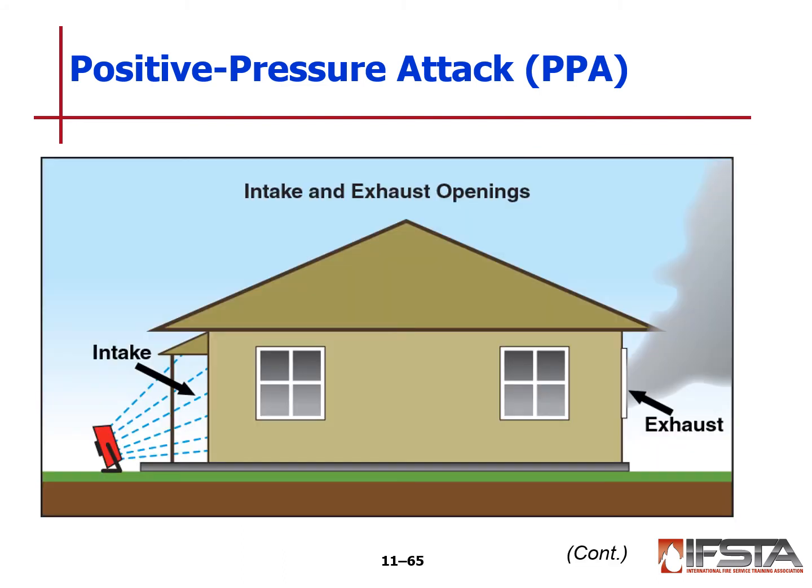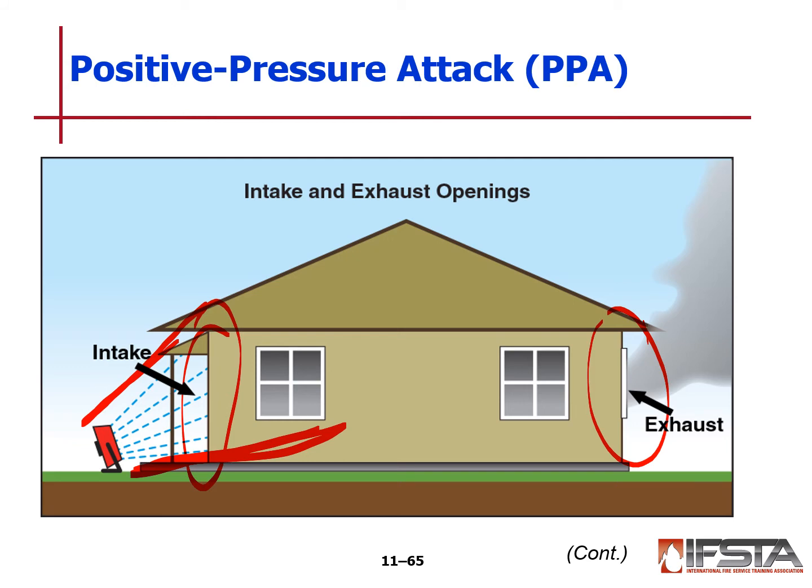Intake, exhaust. This is pretty simple, and you create this cone right here. So you want to set your fan back far enough to create that cone. Basically, you're wanting to encompass this entire opening, and then that will pressurize the unpressurized compartments, and then our goal will be for it to come out the exhaust.